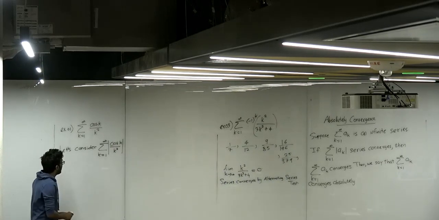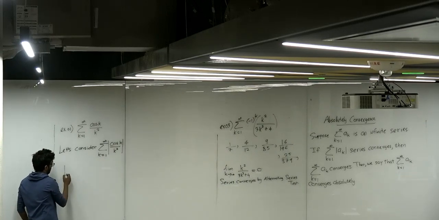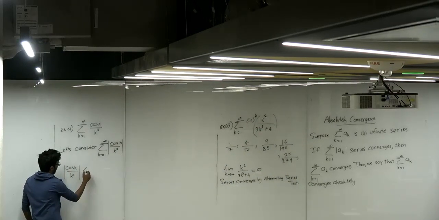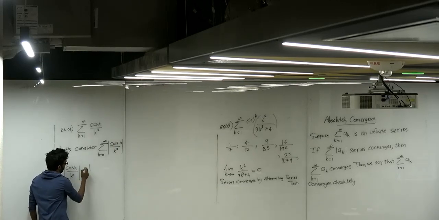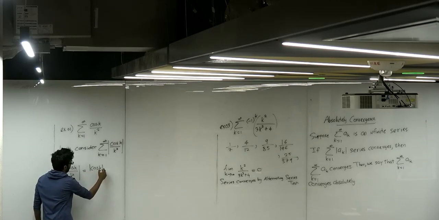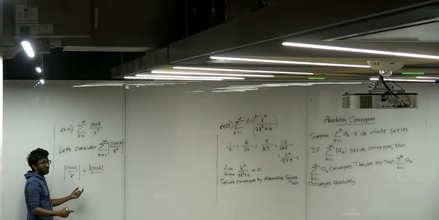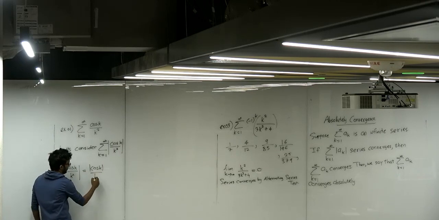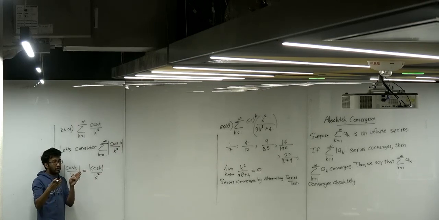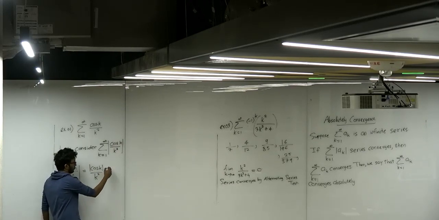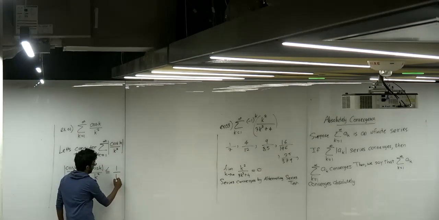Let's compare this one, cosine k divided by k to the power 2. I know that the absolute value of cosine k is the absolute value of cosine k, and the absolute value of k to the power 2 is k to the power 2, because it's positive. Now, cosine k varies between -1 and 1, so what can you say about its absolute value? It is less than or equal to 1.